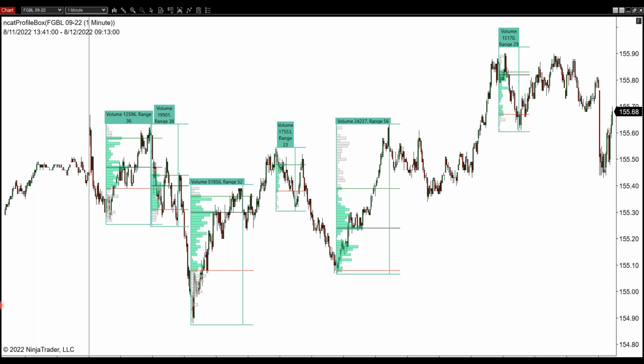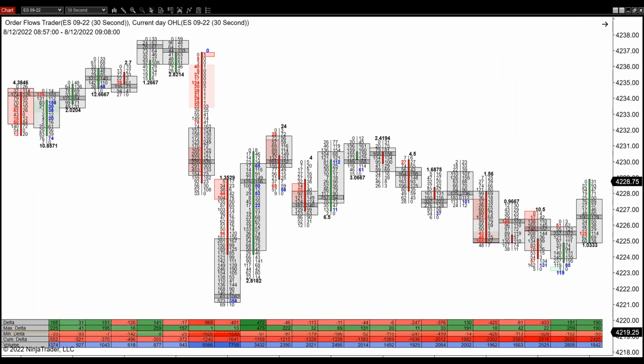One of the advancements when we released the new version of Orderflows Trader earlier this year was being able to put the value areas on a bar. And it was very revealing. A lot of traders are loving it and added it to their trading because it gives them insights as to where value is forming, on a bar by bar basis, over several bars, over a period of time, over volume.